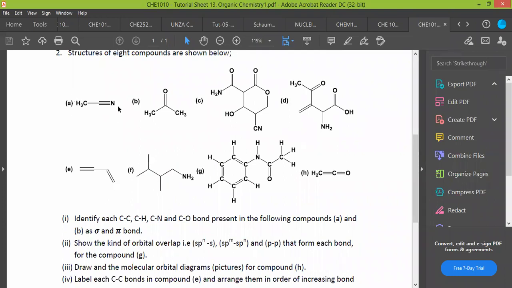So you're going to expand this structure, and the hydrogen atoms are going to be placed on the sides like that. So a bond goes up, a bond goes there, and a bond goes there. Then you put hydrogens. So rewrite this particular molecule so that the identifications become easy.